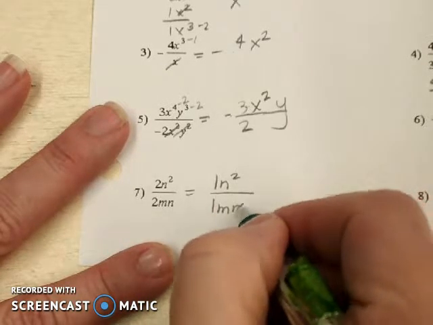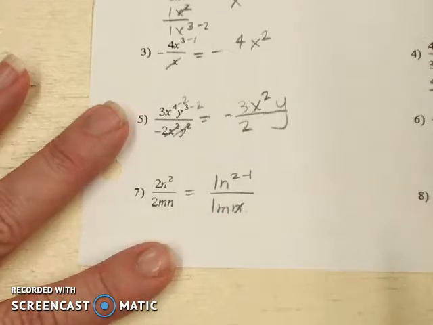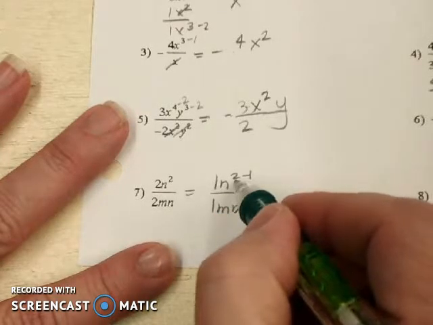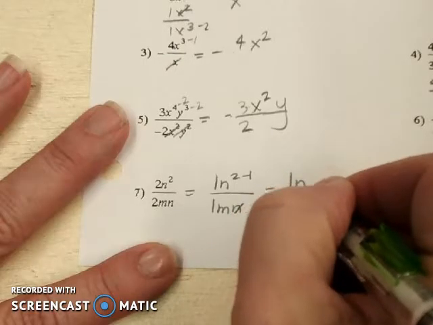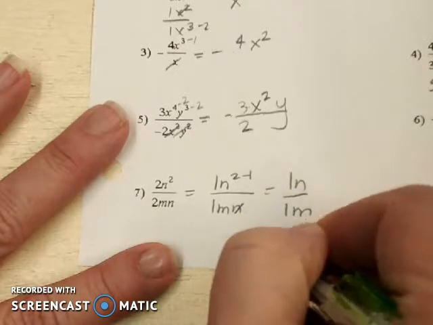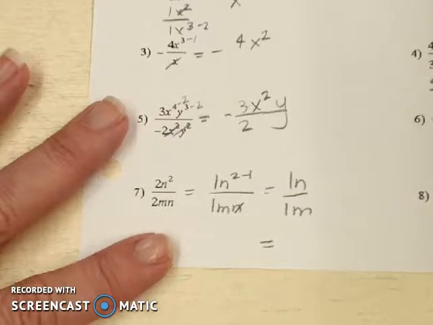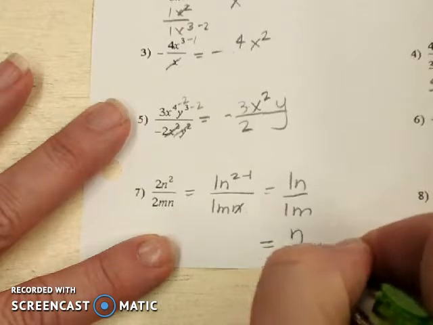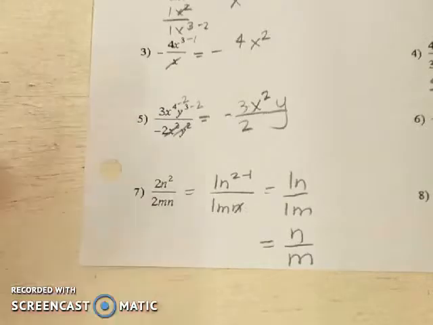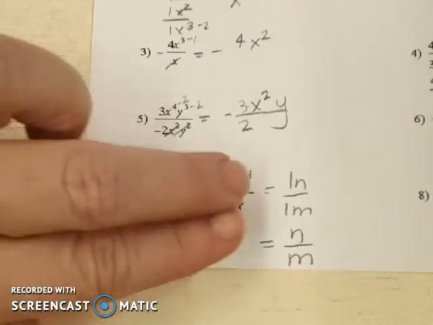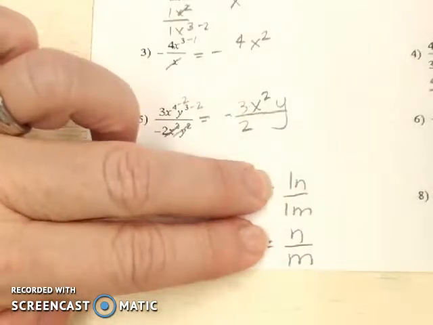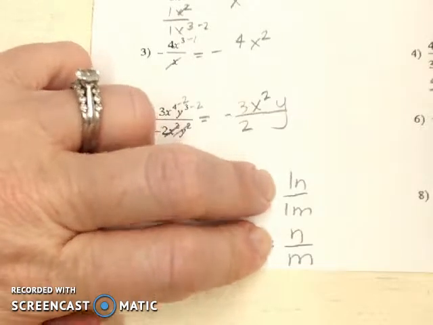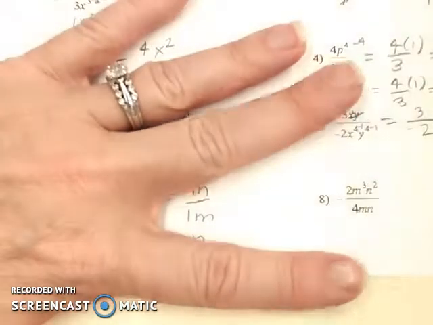So I'm going to subtract the n to the first from the n squared, and I'm going to have 1n over 1m. But we all know that the 1 as a coefficient is not necessary, and I can just write my answer this way. I'm not saying you can't put the 1, I'm saying it isn't necessary. Both of these answers would be correct.